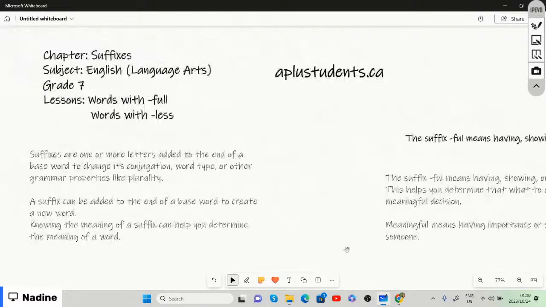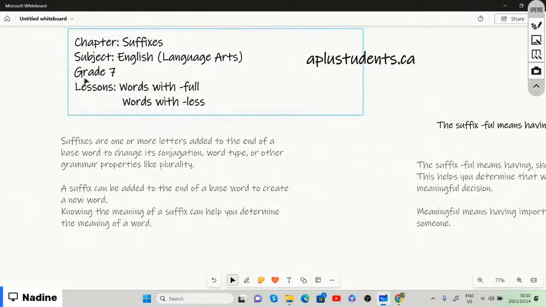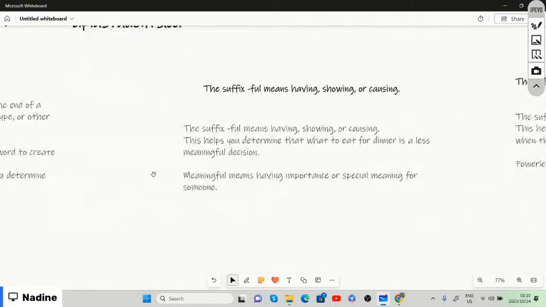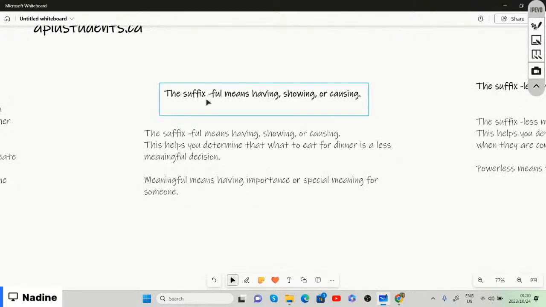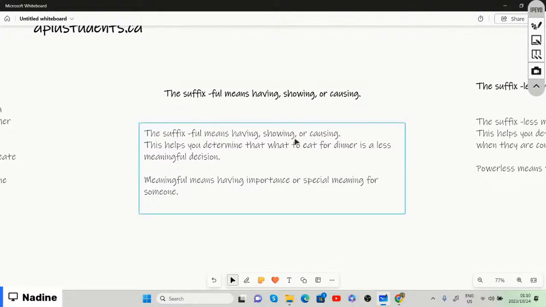All right. So we are doing words with full and words with less. The first one is the suffix full.